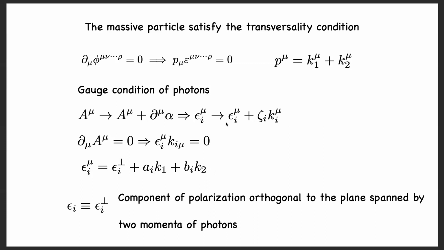Using the first condition, you can get rid of, let's say, the K1 component, which is redundant. And using the second condition, this V1 is basically 0. So the photon polarization is effectively described by the component orthogonal to the plane spanned by K1 and K2. Hence it explains why it's SO(d minus 2).